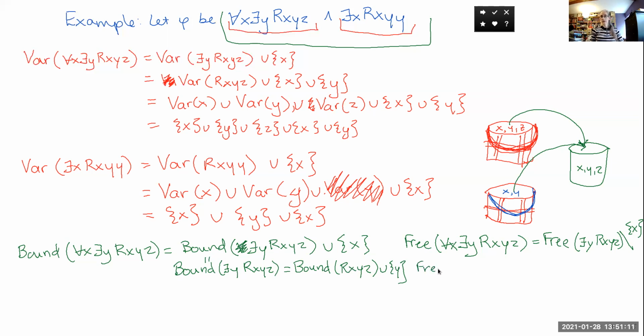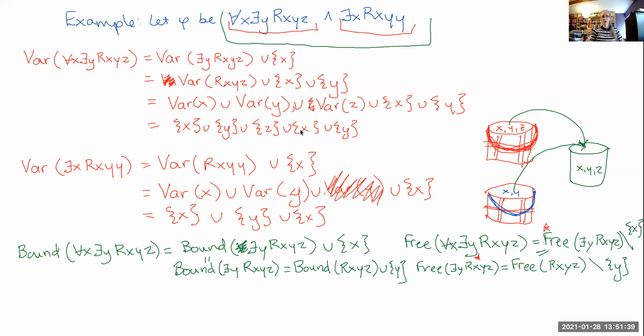And the free variables of exists y R(x, y, z) is just going to be the free variables of R(x, y, z), subtracting from it y. So these two, this one and this one are the same set.